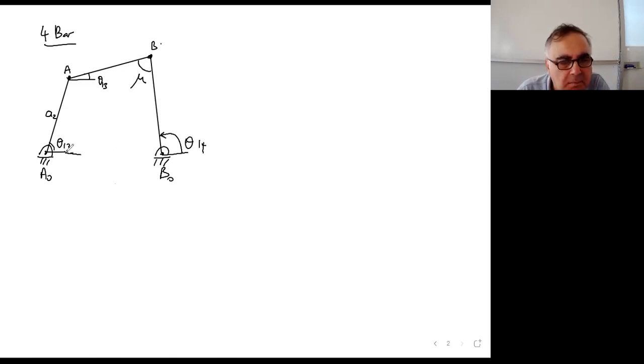Now, in order to solve for the four-bar mechanism, as you might remember, we connected it with a fictitious line that has a length of S. Now we divided, as you see, the four-bar mechanism into two triangles here, from which we can solve for the unknowns.